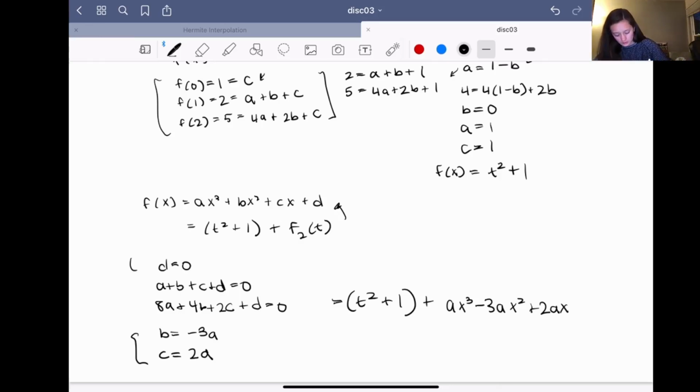Okay, and then what do we have here? Let me just simplify this a bit. Oh, you know what, these should be t's. So a t cubed minus 3a t squared plus 2a t.